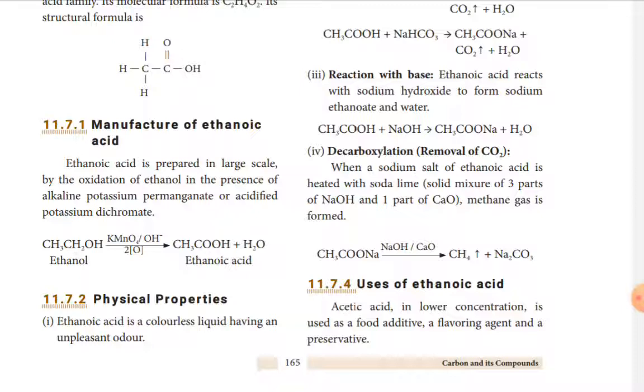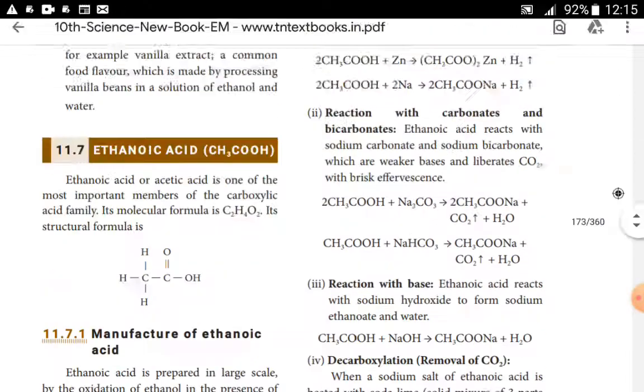So ethanol is oxidized in presence of alkaline potassium permanganate, KMnO4 is potassium permanganate, and or acidified potassium dichromate, K2Cr2O7. Here oxygen is added to get ethanoic acid.